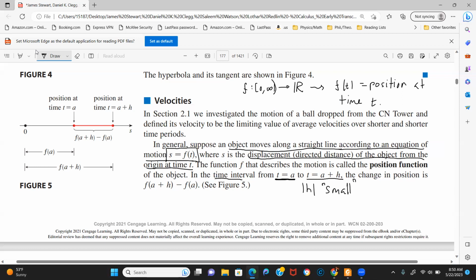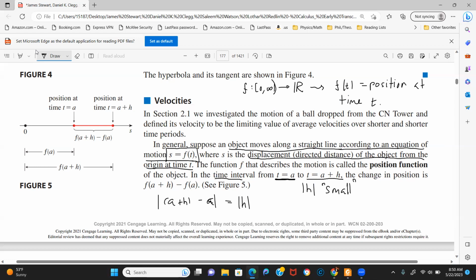That means the change in time, the number of seconds or time units that elapse between a and a plus h, is very small, because a plus h minus a is equal to h.